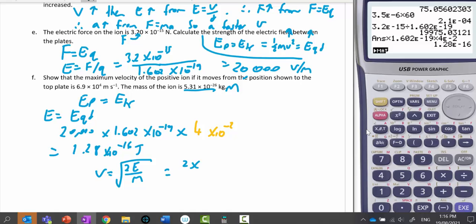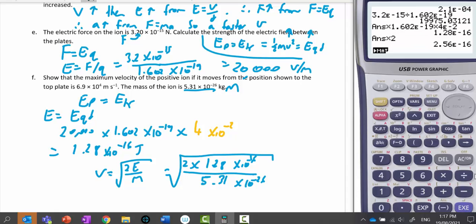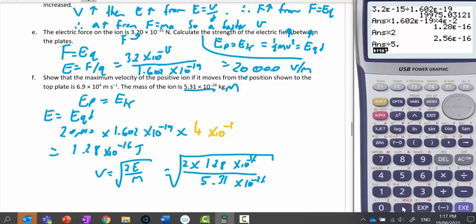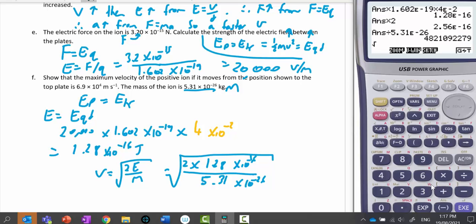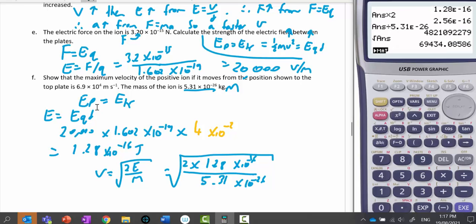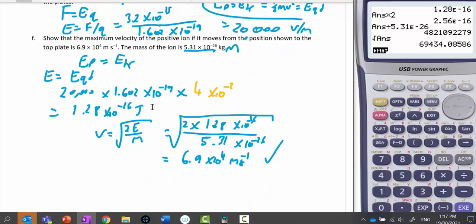So we're going to go 2 times that number. The mass is given to us in the question as 5.31 times 10 to the minus 26. If I go times 2 in my calculator, divided by the mass, and then square root, and if we've done it right, we should get the same answer, 6.9 times 10 to the 4 meters per second. Boom, done. I hope that was helpful.